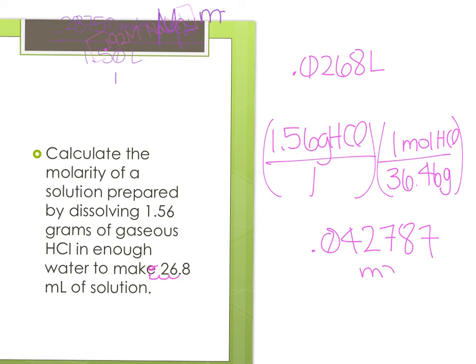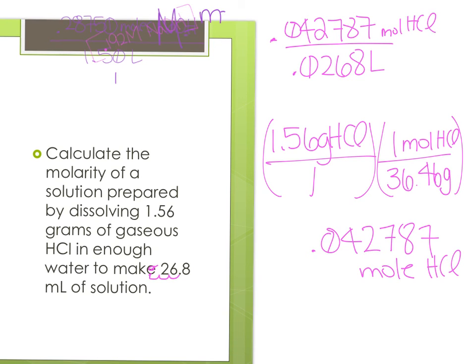Okay, and that's how many moles HCl I have. So now I just do moles over liters. 0.042787 mole HCl. And what is the concentration of our solution? 1.60. So you would say 1.60 capital M HCl and put the little brackets around it.